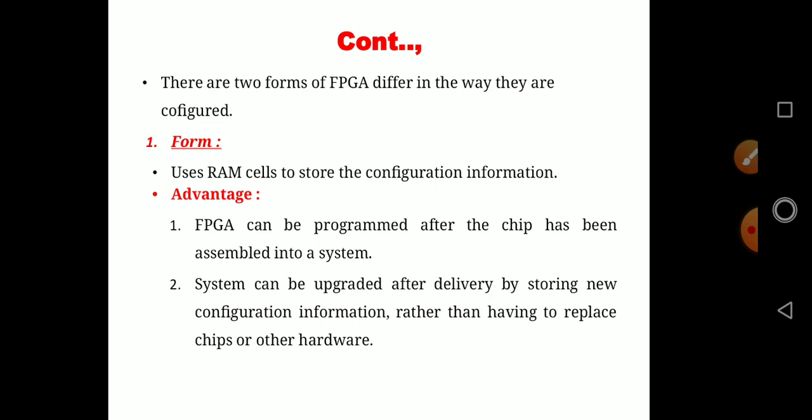The system can be upgraded after delivery by storing new configuration information rather than having to replace the chips. If you want to upgrade the system, instead of replacing the chip with another chip, you can just change the configuration information through programming. So these are all the advantages of the first form.